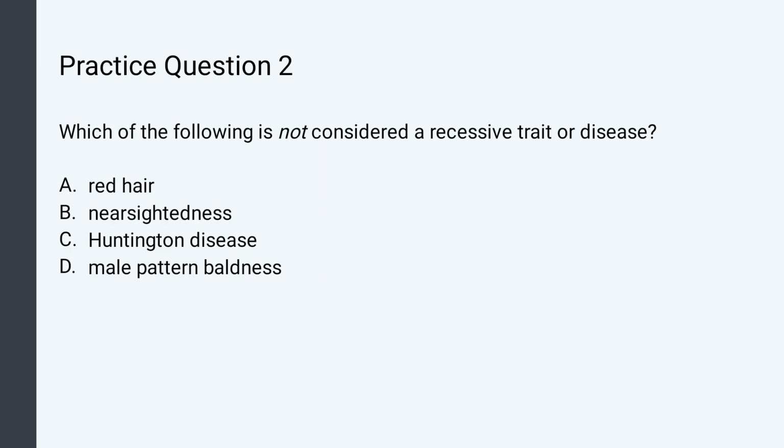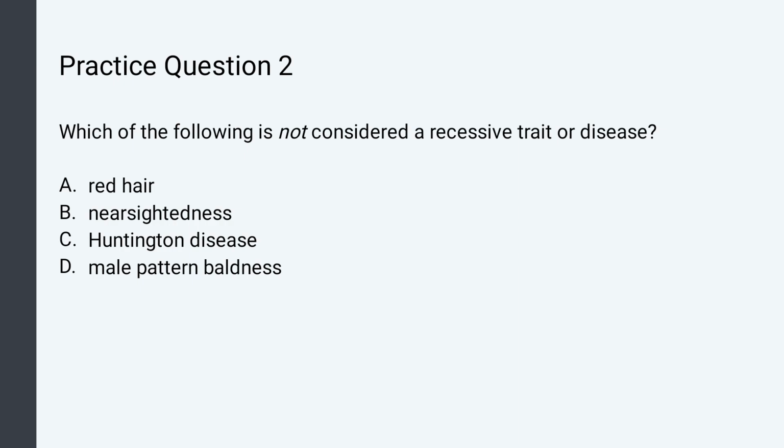Huntington's is of course a disease, but male pattern baldness is not considered a disease, and it is recessive because it is not directly observed during early childhood, but it develops, or it happens during your adulthood stage.